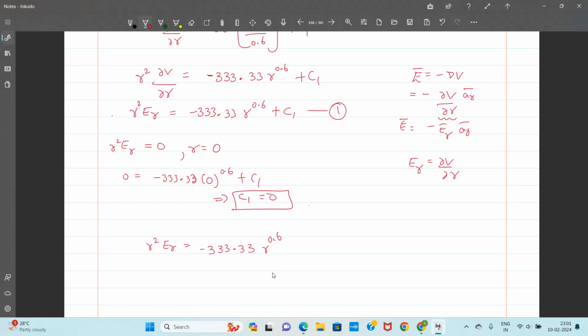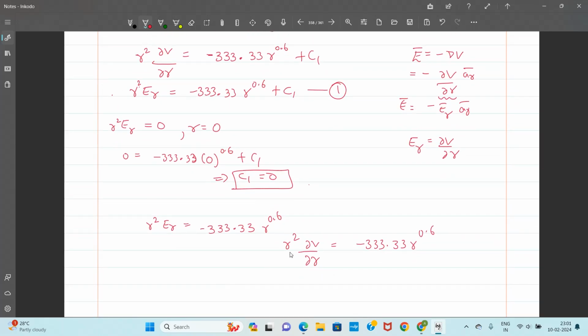Now to move forward, again I have to go back to the previous equation. That is, instead of ER, I have to get back to potential, because further simplification can be done only for potential, right? So I will again write it as dou V by dou R, and this side I have 333.33 R power 0.6.